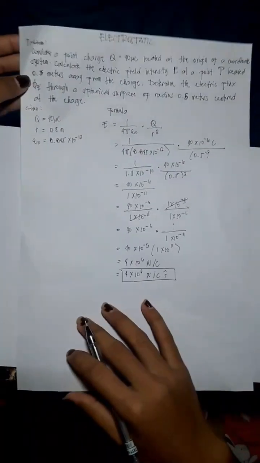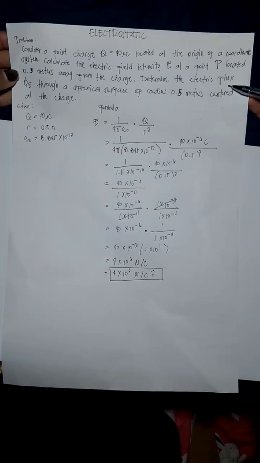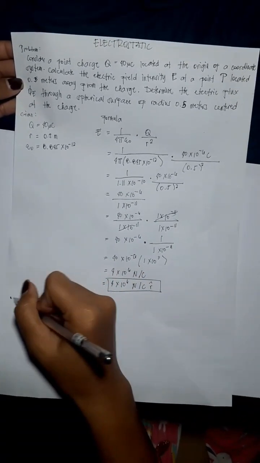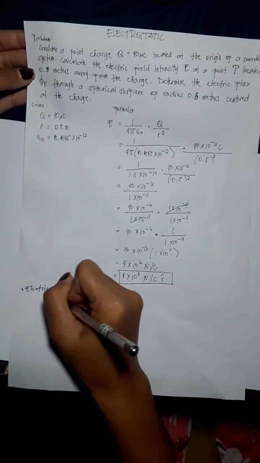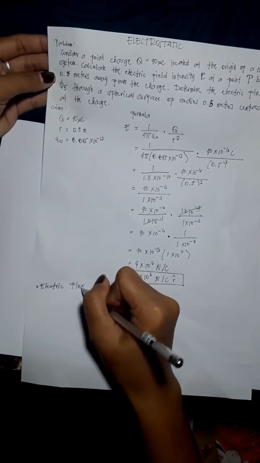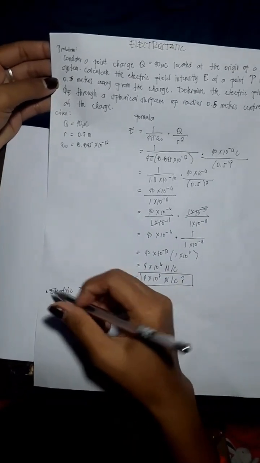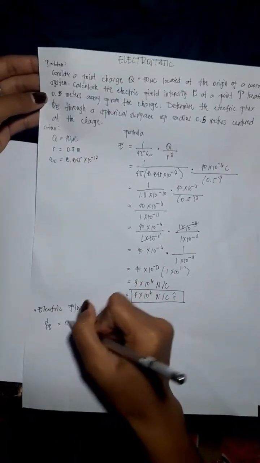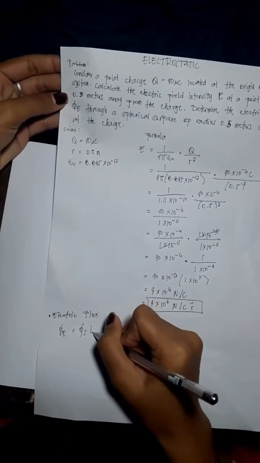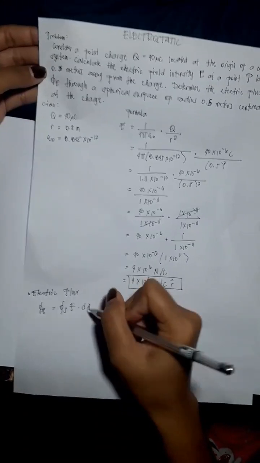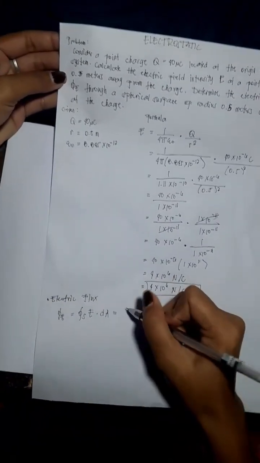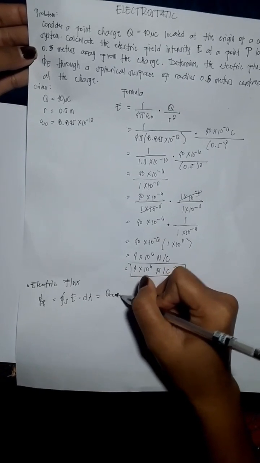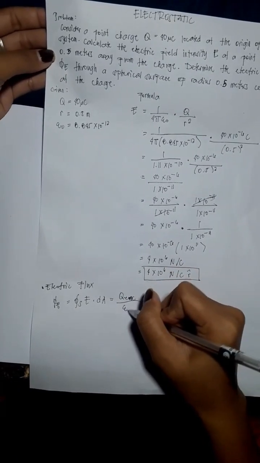So, determine the electric flux. Let's solve for the electric flux. Using the formula, the flux is equal to the enclosed charge over epsilon 0.